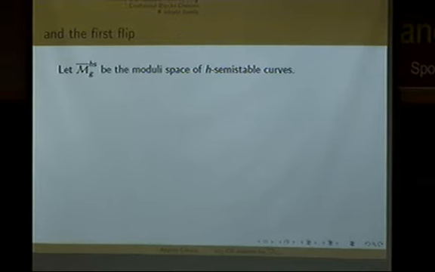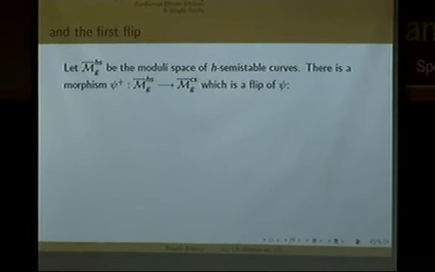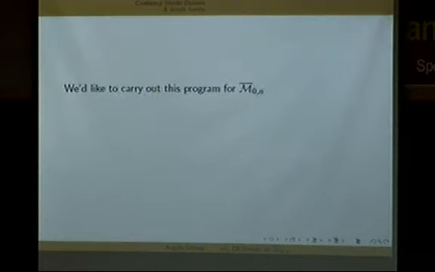Okay, and of course, the first flip is in the picture here too. So if we take the moduli space of Hilbert semi-stable curves, there's a morphism which is a flip of that. So I've drawn the picture here that you've seen lots of times, I'm sure. Now I want to just go back a little bit.